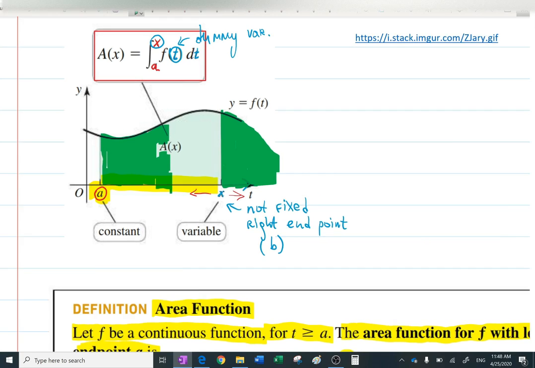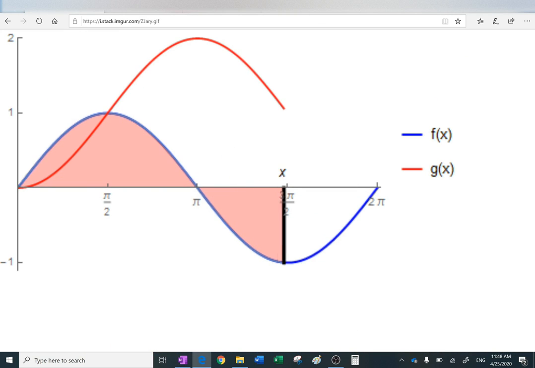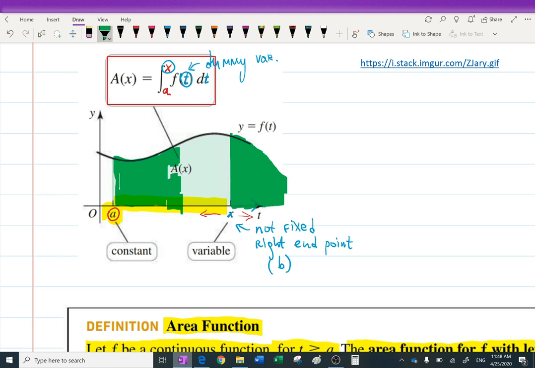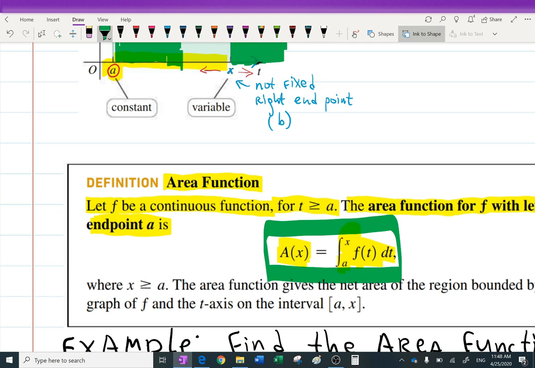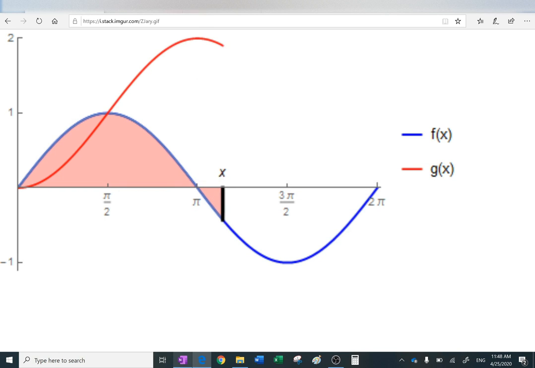And on this animation, going back, the interesting part is, what is this red g of x function? G of x is this integral I just introduced to you. This integral is g of x on that animation. So the area now is a function. That means that the bigger the area, the function will be increasing.